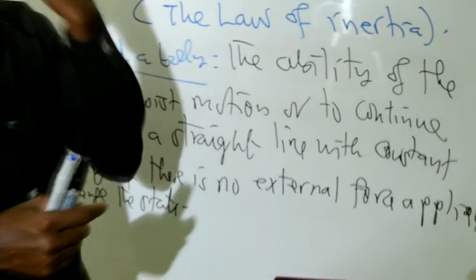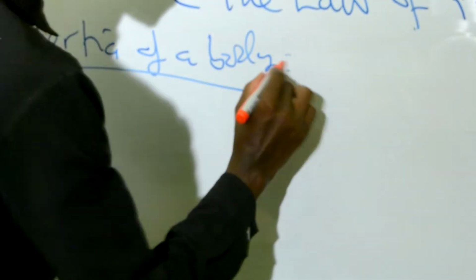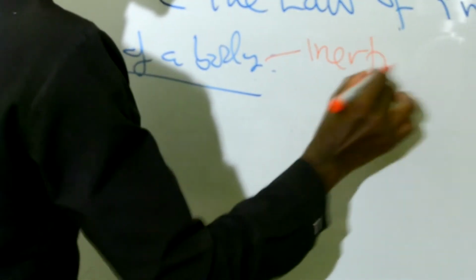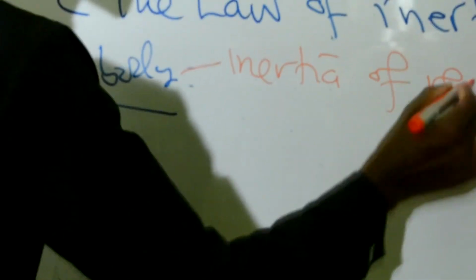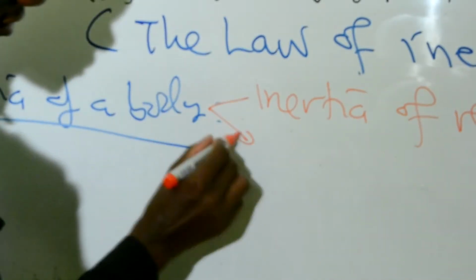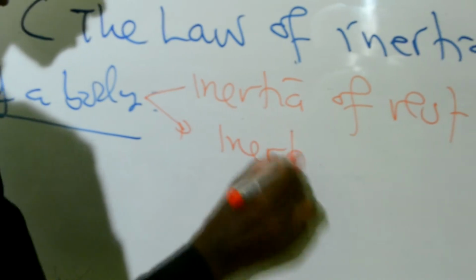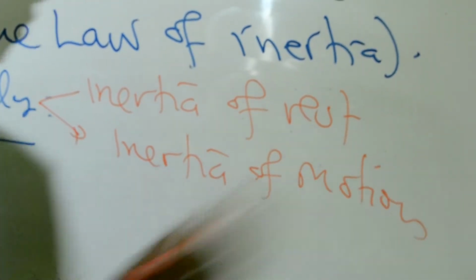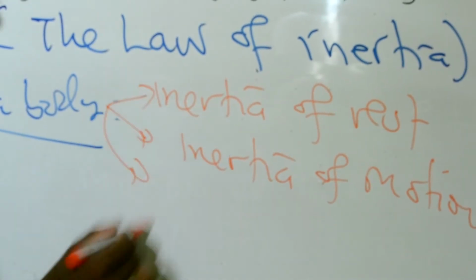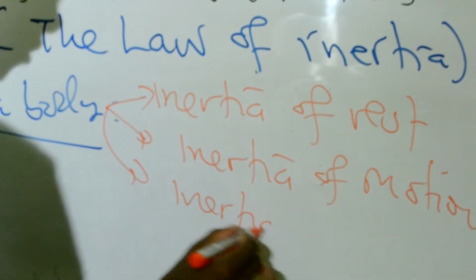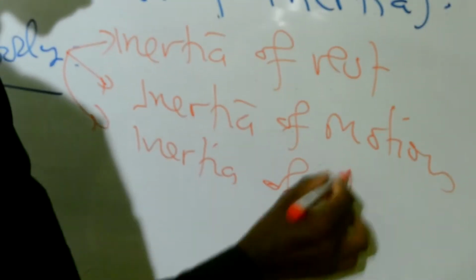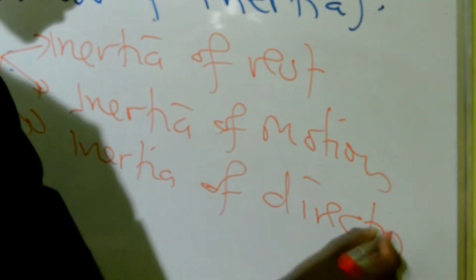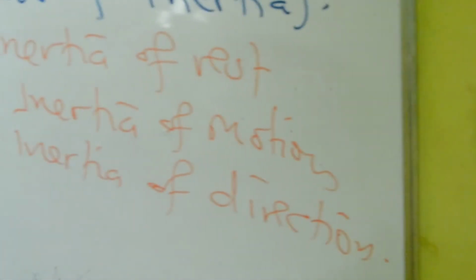And the inertia of a body can be described in 3 categories. There is inertia of rest, there is inertia of motion, and there is inertia of direction.